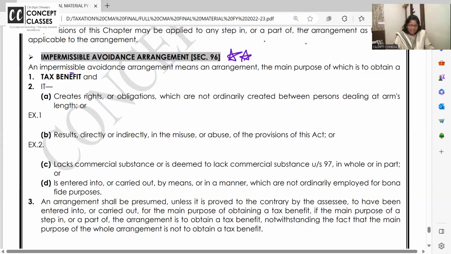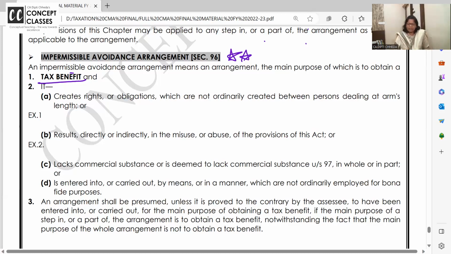So like that, impermissible avoidance arrangement is, we are not saying you don't do transactions with NRIs, FIIs and all. Do it. But there should not be any arrangement, the main purpose of which is to obtain tax benefit. This is so important. That's why I've highlighted and written it in bold.